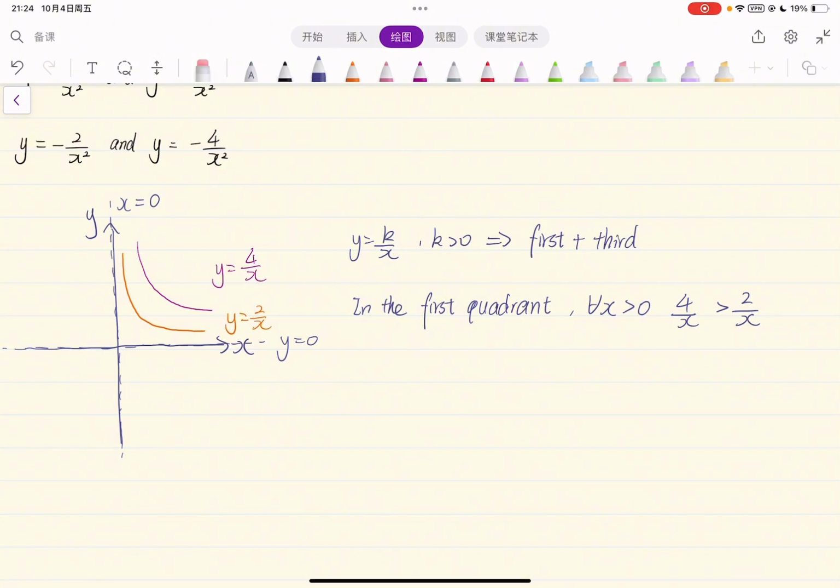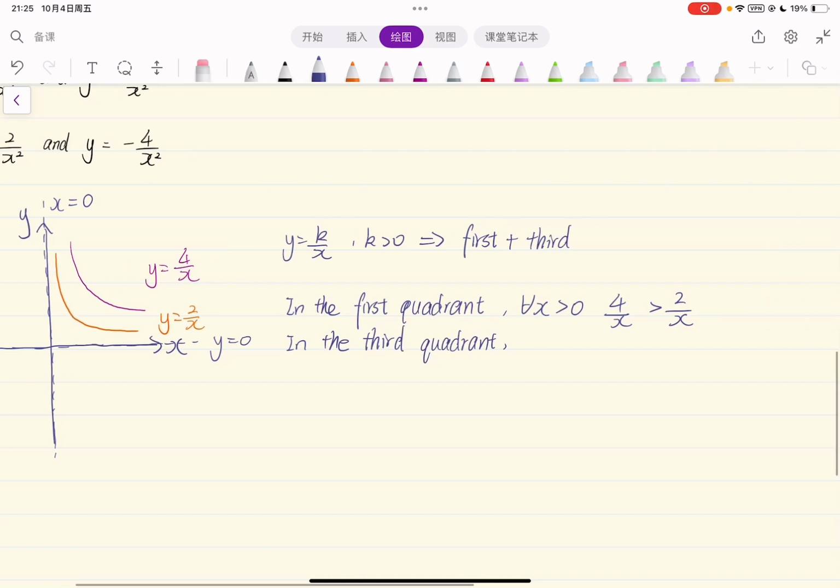And in the third quadrant, for all x less than 0, we can see that 4 over x is less than 2 over x, which means the curve 4 over x is below 2 over x.